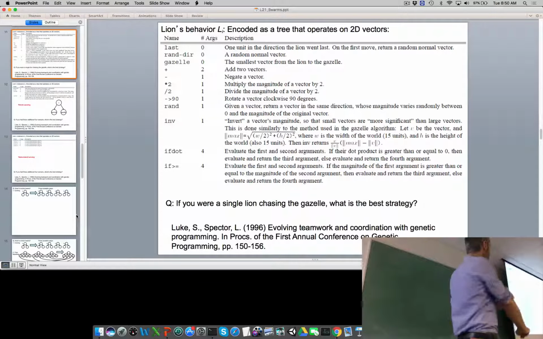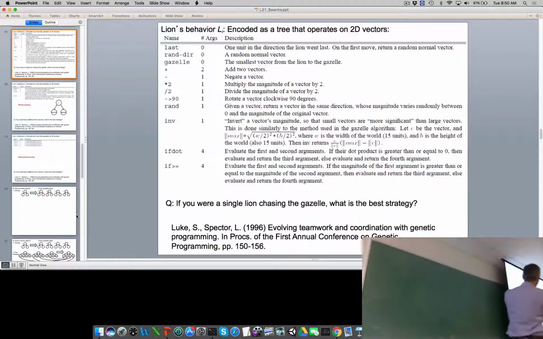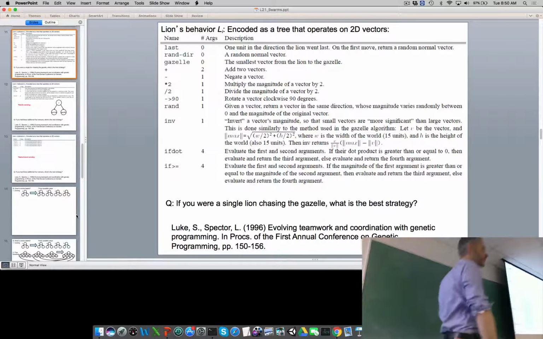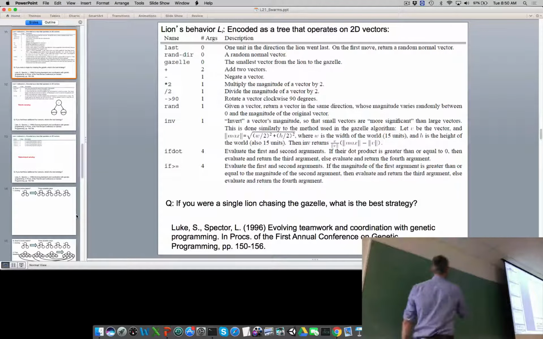So let's create a tree at random. Let's reach into a bag that contains all of these potential operators and operands. Let's imagine that I pull out at random the plus sign, which requires 2 subtrees. At the moment, these 2 arguments or 2 subtrees are empty. I reach back into the bag again, and let's say I pull out gazelle here.